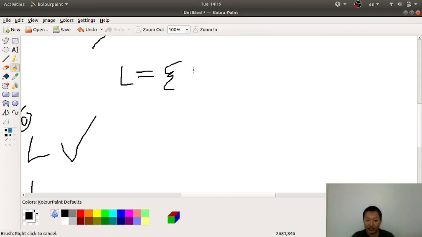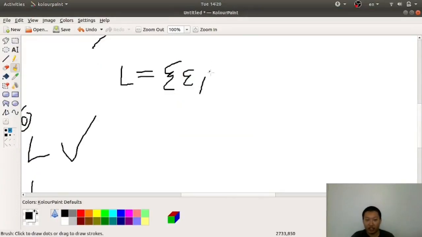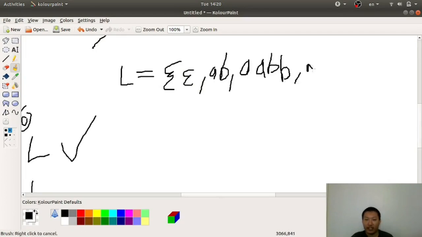In other words, it has the empty string, it has AB, it has AABB, it has AAABBB. It's just some number of A's and then an equal number of B's. And my claim is that this language is not regular.